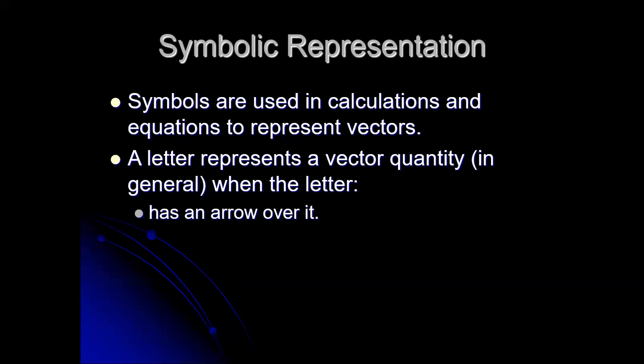So, for example, it might look something like that. If I've got the letter F here, just written as the letter F, that's a scalar. If we put an arrow over it, now it's a vector.